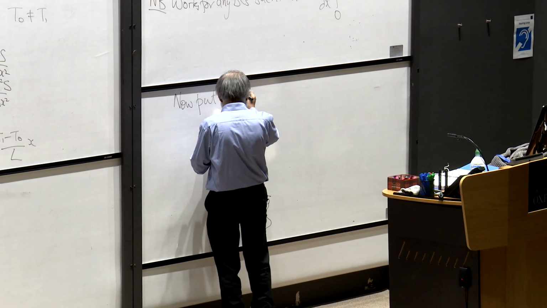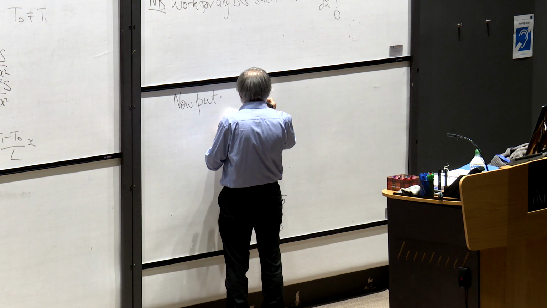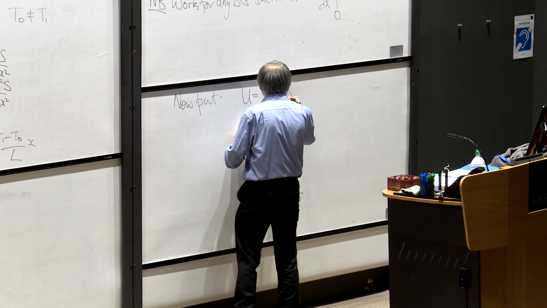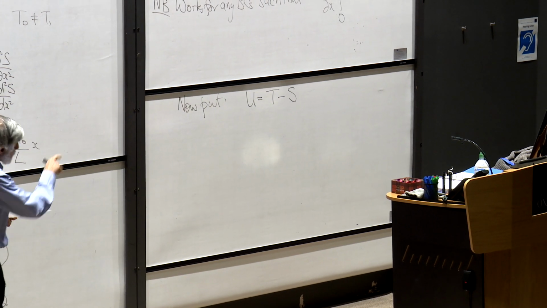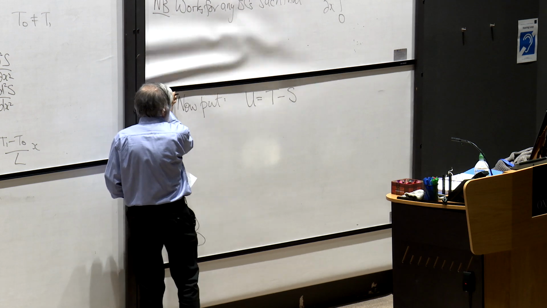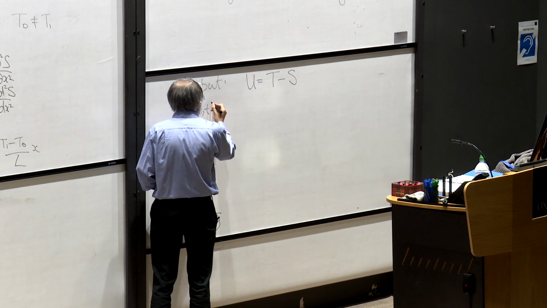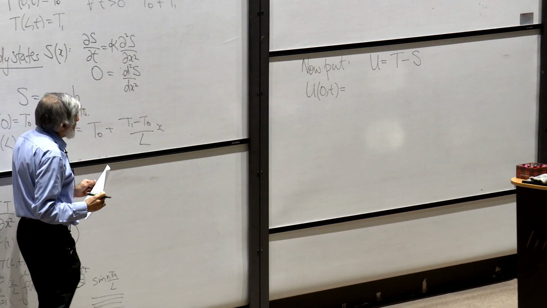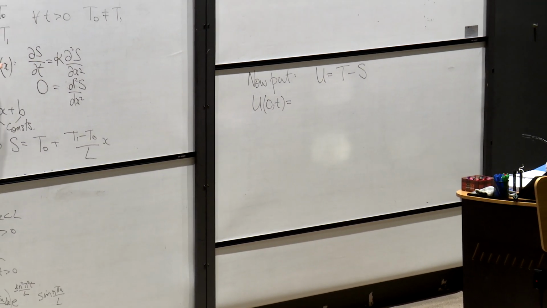Let's now put U equal to T minus S. Now if we look at that, U of 0, t is equal to, well, T at x equals 0 is T naught.